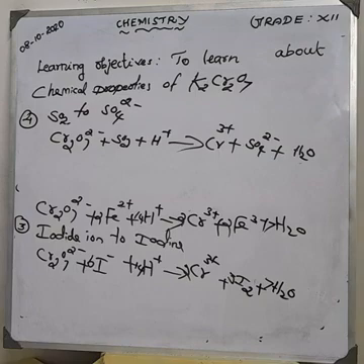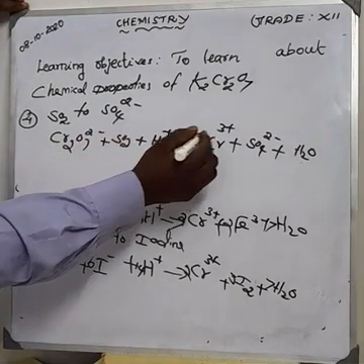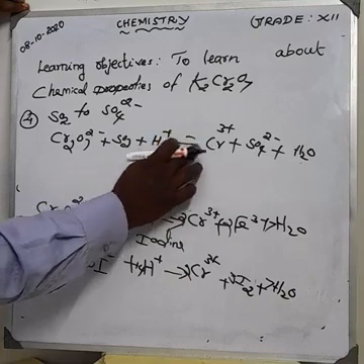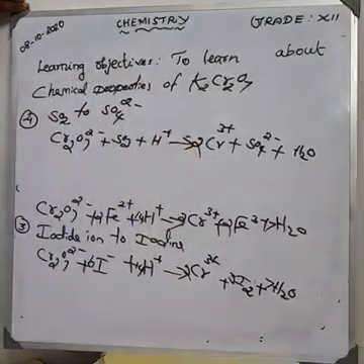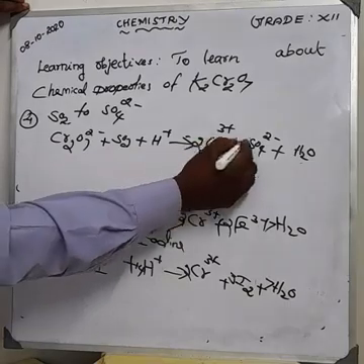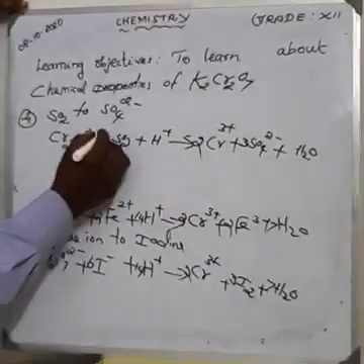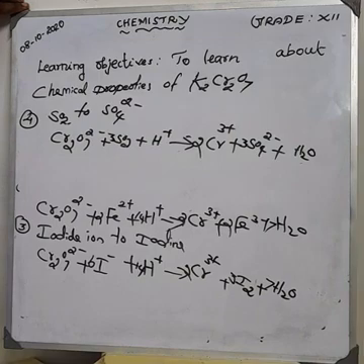First, how much chromium is there? 2 chromium. We are also adding 2 chromium here. And sulfur dioxide, the simple method is make it 3 here, and 3 here. So sulfur is balanced. And about the oxygen, how much oxygen is there?